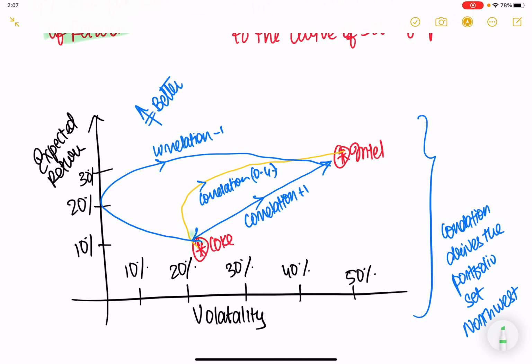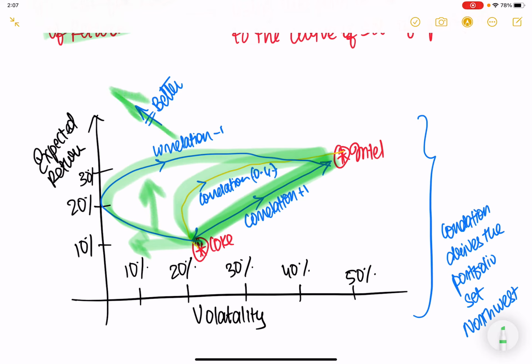Similarly, we saw that if these two stocks were perfectly correlated, then this yellow curve wouldn't be this way, it would actually be this blue line. And so the more uncorrelated stocks that you get, you can reduce the volatility and increase the return. So that's the key insight here: if you go up north to the west, you get better performance.